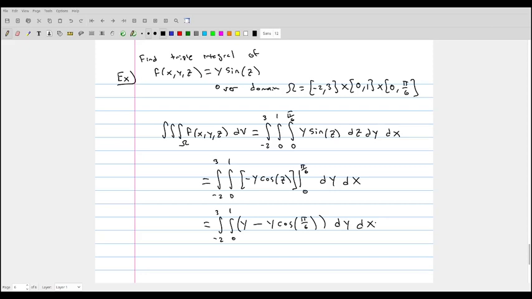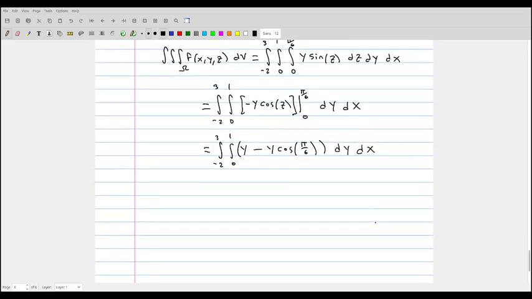And that's our inner integral, so we just evaluated the inner integral right here. This is the same thing as y times 1 minus cosine of pi over 6. Cosine of pi over 6 is square root of 3 over 2. So this is y times 1 minus the square root of 3 over 2.